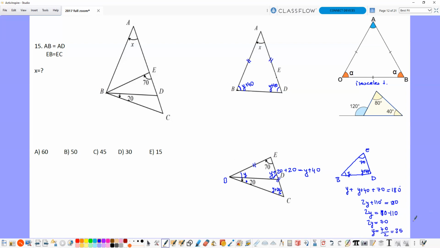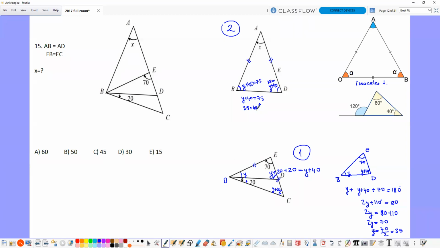Okay, then here, if we say this is the first part, in the second part, y plus 40 is going to be equal to 75. This is 35 plus 40, which is equal to 75. And here, this is 75. This is also 75.